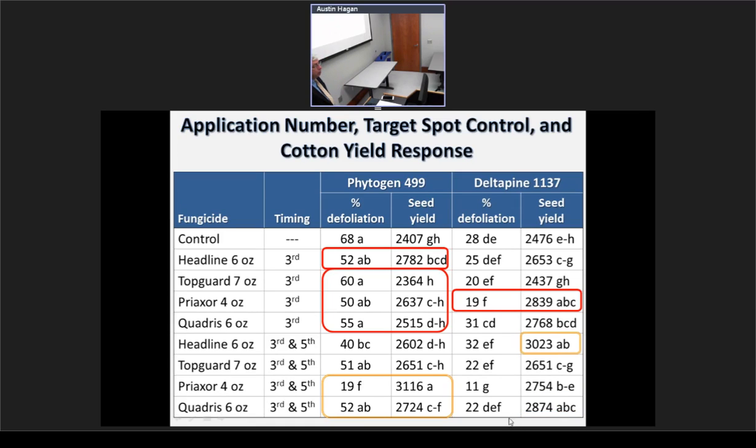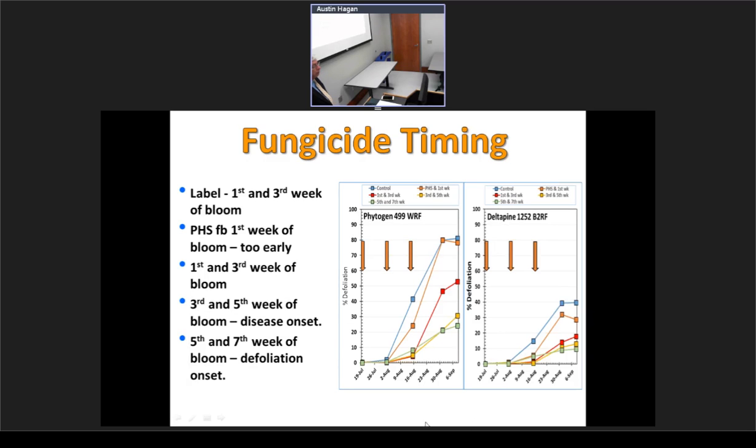We got an increase in yield with 2 applications of Headline, but no reduction in disease. And we got an increase in yield with the 2 applications of Quadris on that variety. And even though the 2 applications of Pyraxor gave us really good disease control, it did not result in a yield bump. So the question of number of sprays is kind of up in the air.